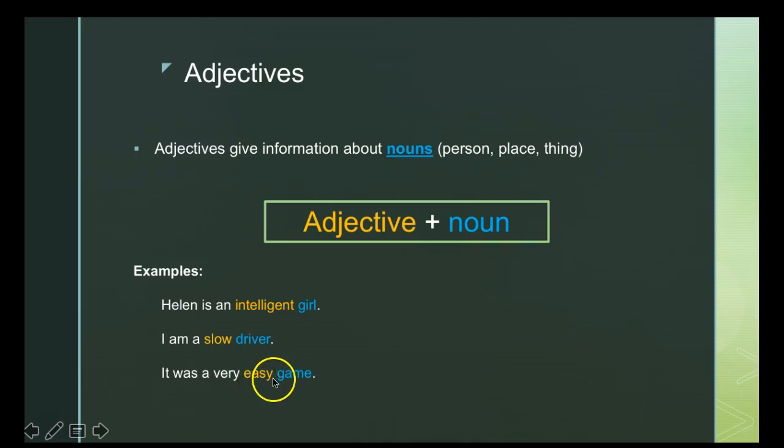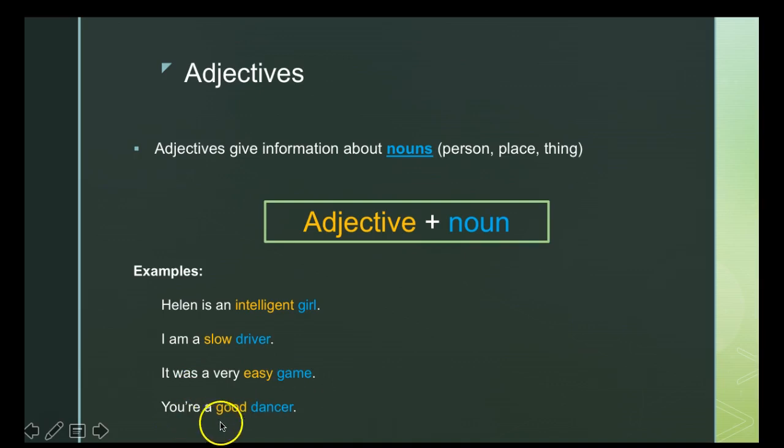Easy is the adjective, game is the noun. We can use a different adjective. We could say it was a very difficult game, or it was a very fun game. It was a very hard game. So we can use a different adjective, but it needs to come before the noun, game.